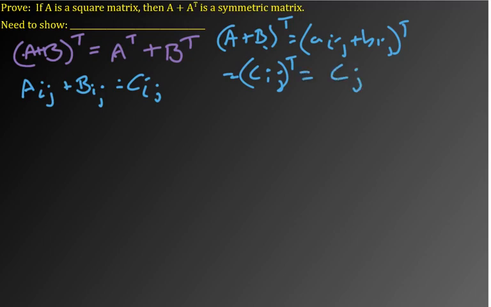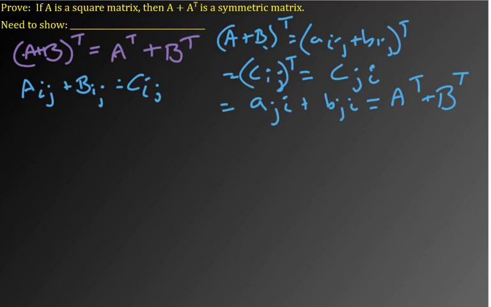So then you get Cji, right? And Cji, just based on how matrix addition works, would have to be Aji plus Bji, which is just AT plus BT, right? So you can actually do the distribution thing that Algebra 2 students always want to do, where if you have A plus B, all of that quantity transposed, then it's just A transpose plus B transpose, okay?